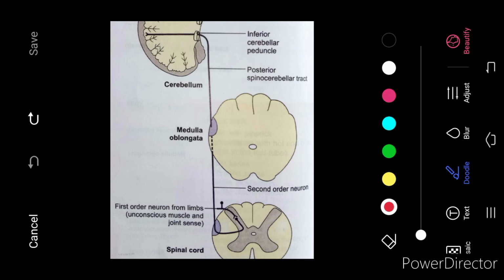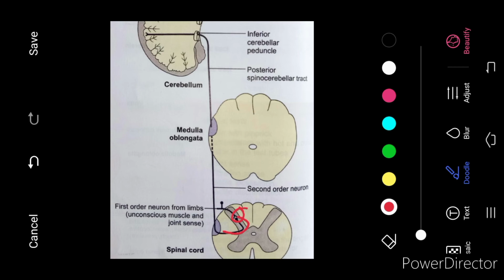After relaying in the dorsal nucleus, this 2nd order neuron forms the spinocerebellar tract, which ascends in the lateral column of white matter, and this dorsal spinocerebellar tract remains uncrossed.